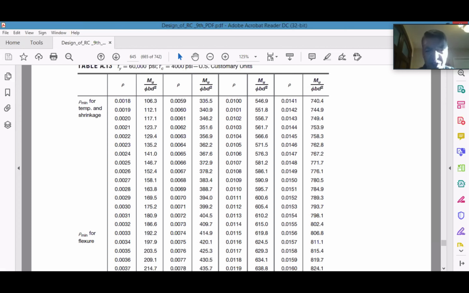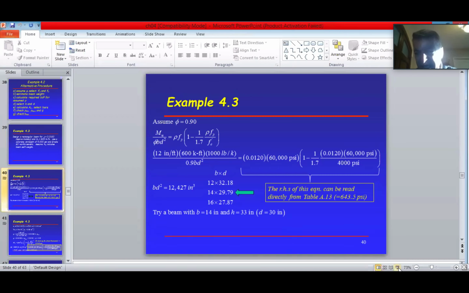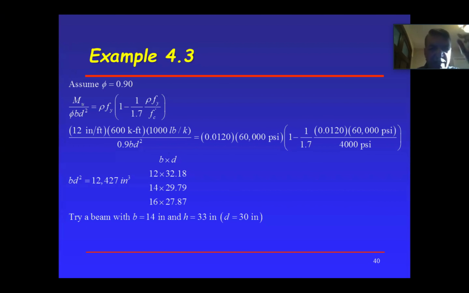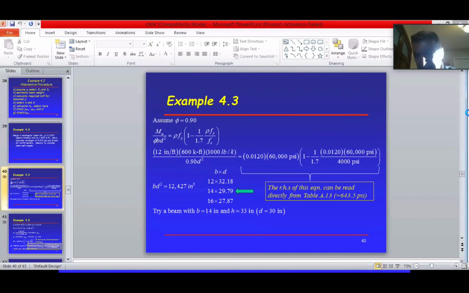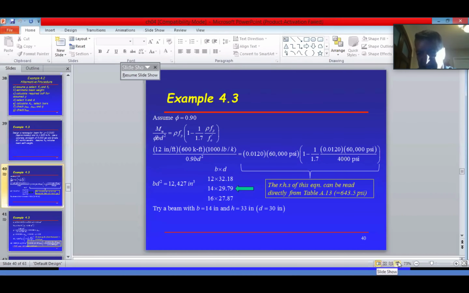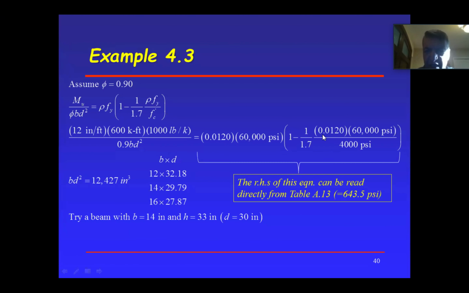Now let me switch screens. If I look at my example again, he's saying that instead of doing all this calculation, you can read 643.5 from the table.